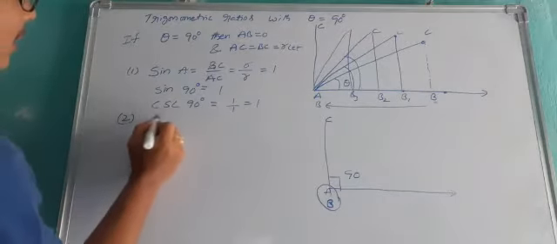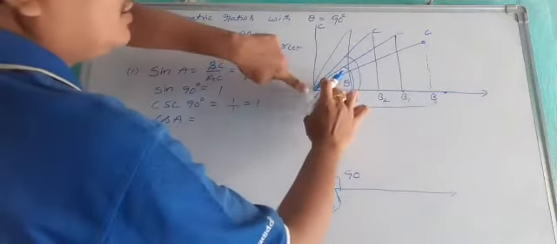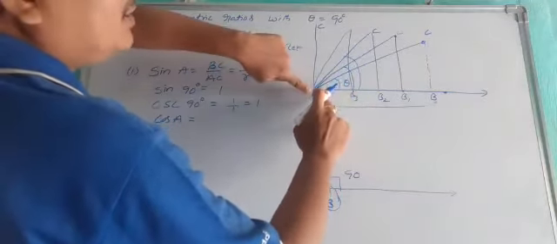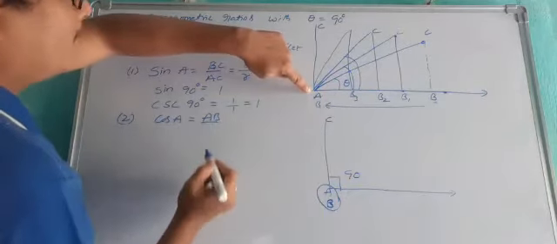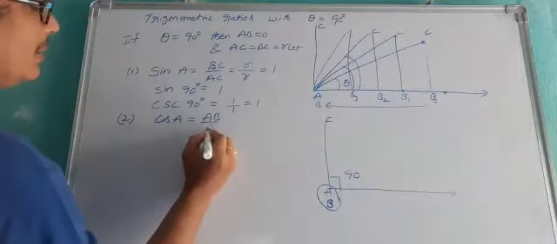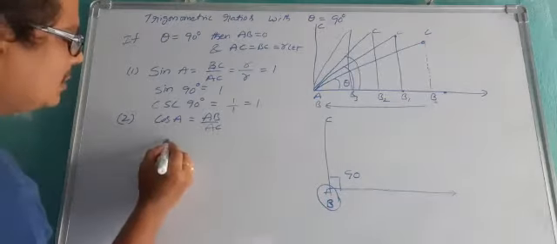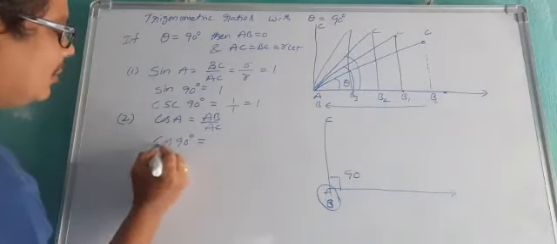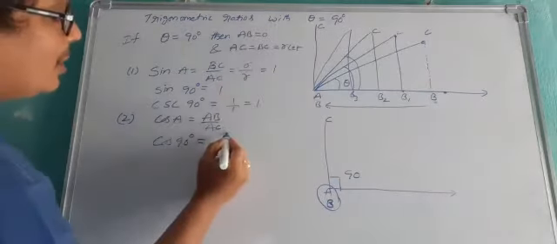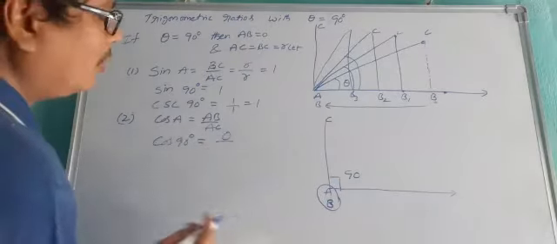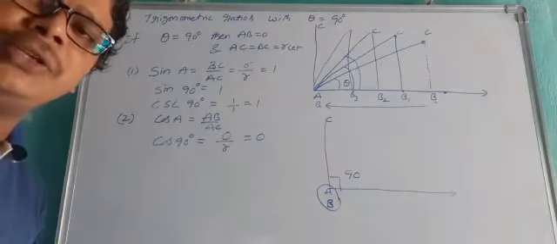Now the second one, cos A. Cos A means what? Cos A equals adjacent side AB by hypotenuse AC. But when the angle A becomes 90 degrees, the value of AB equals how much? 0, and AC equals R. That means 0 by R equals how much? 0.